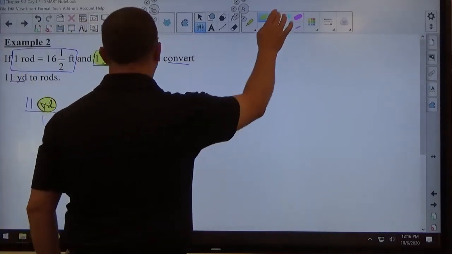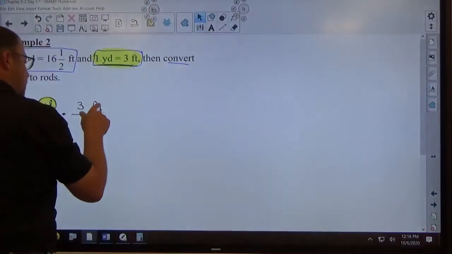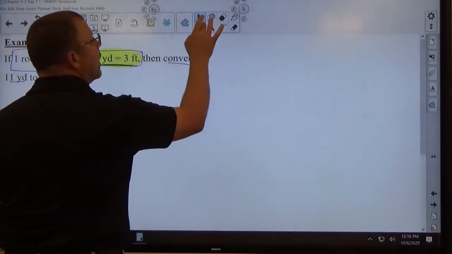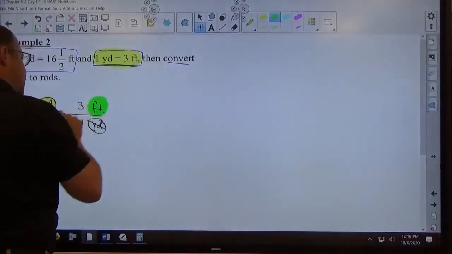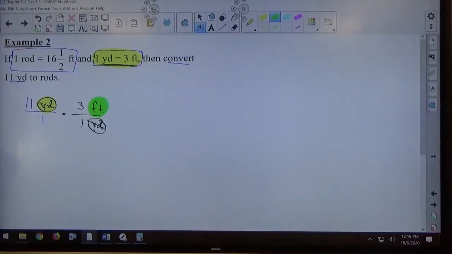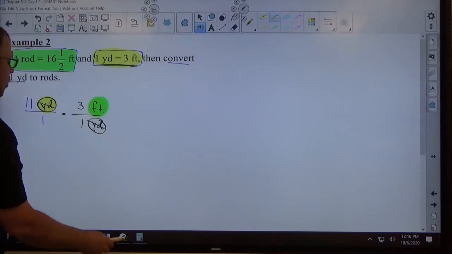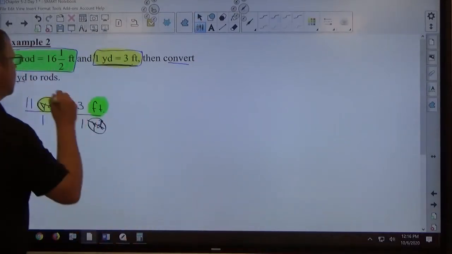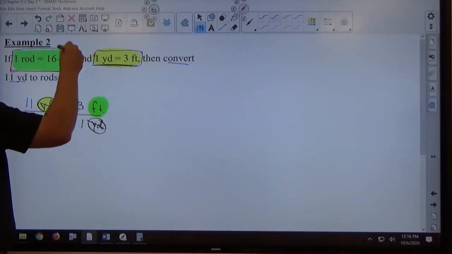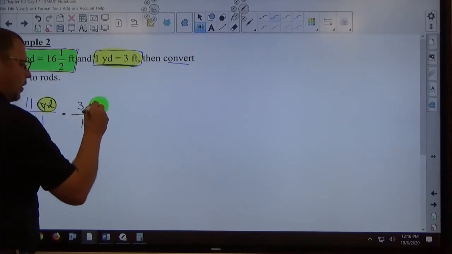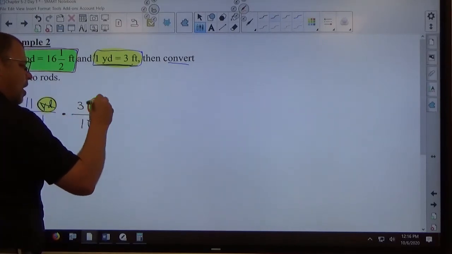I'm currently in the unit of feet. I don't want feet, I want rods, right? So I know the unit of feet that I'm looking at here is what I want to change. And I'm going to use this fact that 1 rod equals 16.5 feet. So currently, I'm looking at this fact here in red. Currently, feet is the unit I have in my problem.